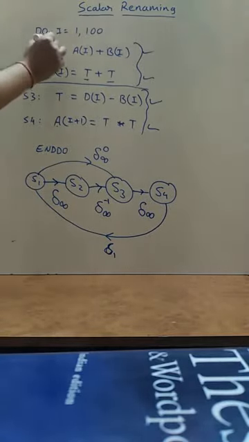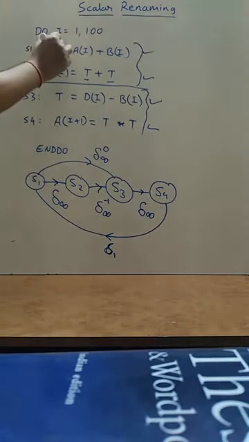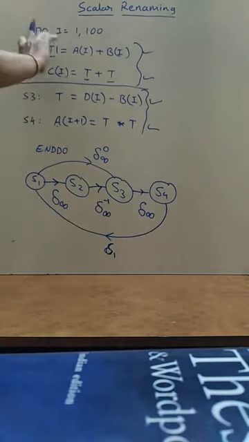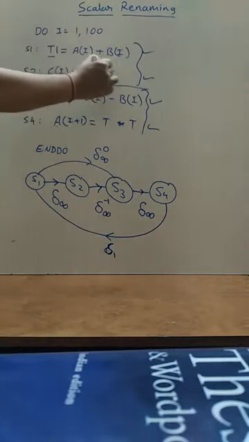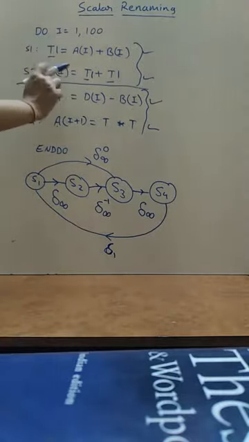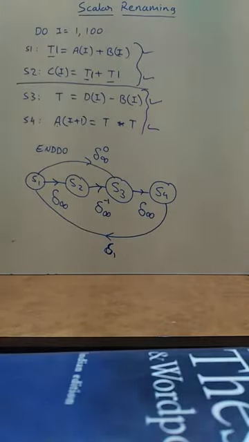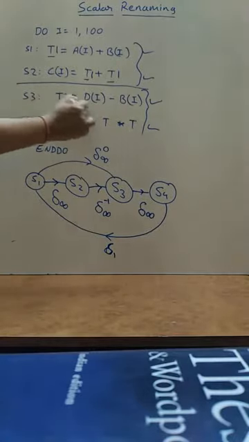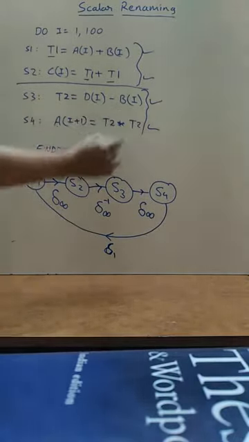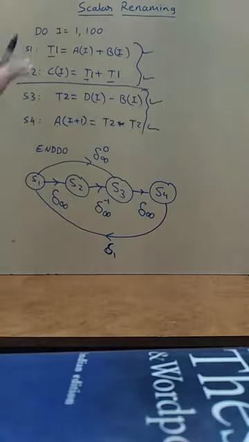So if we replace all t in the first part by t1, then this t becomes t1, this 2t also becomes t1, okay, and all t in the second part by t2, then the program will be modified into this.